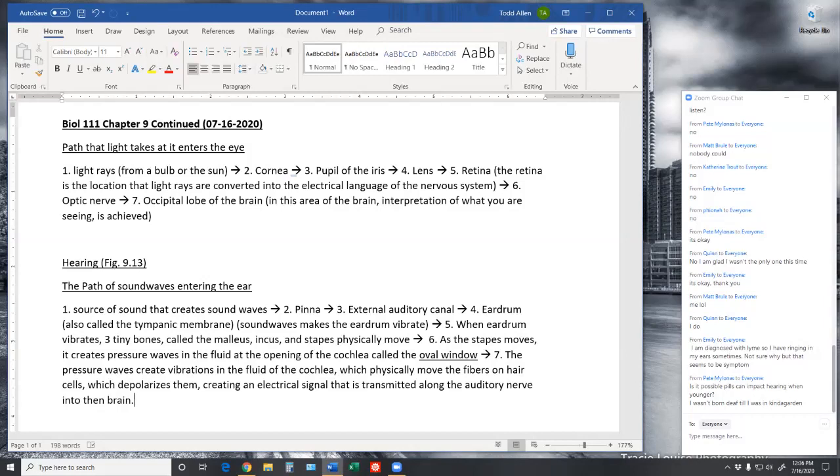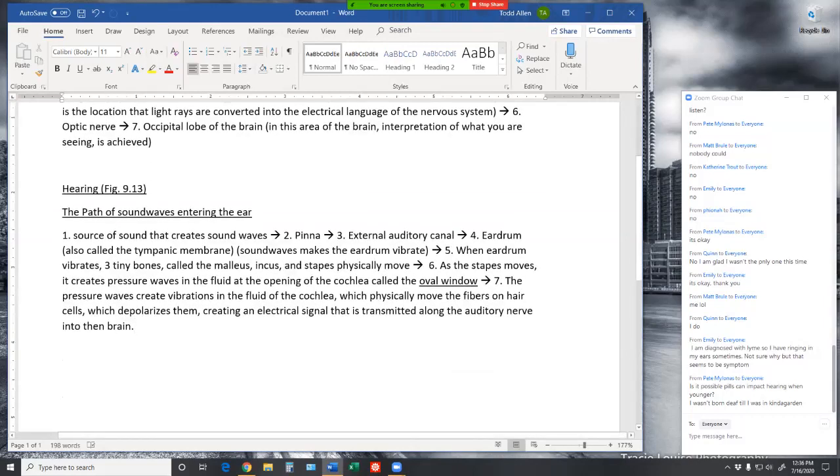Okay, so we're going to move into that area at this time. Page 171, 172. All right, chapter 10, the endocrine system.